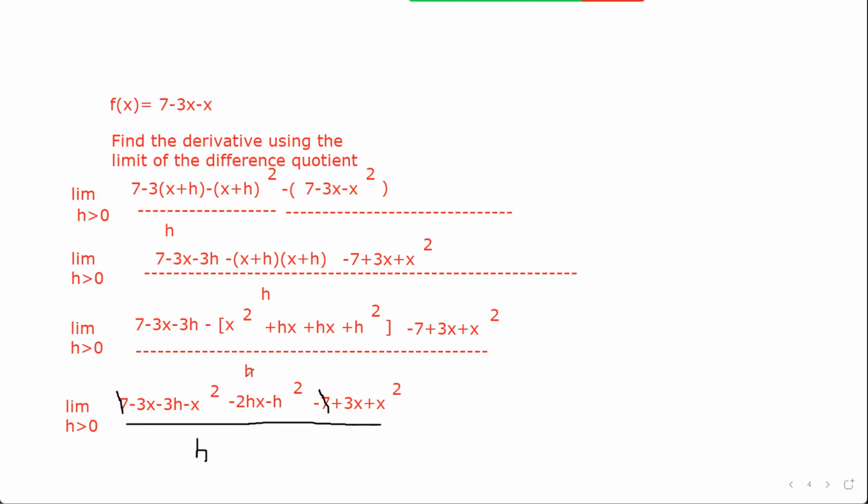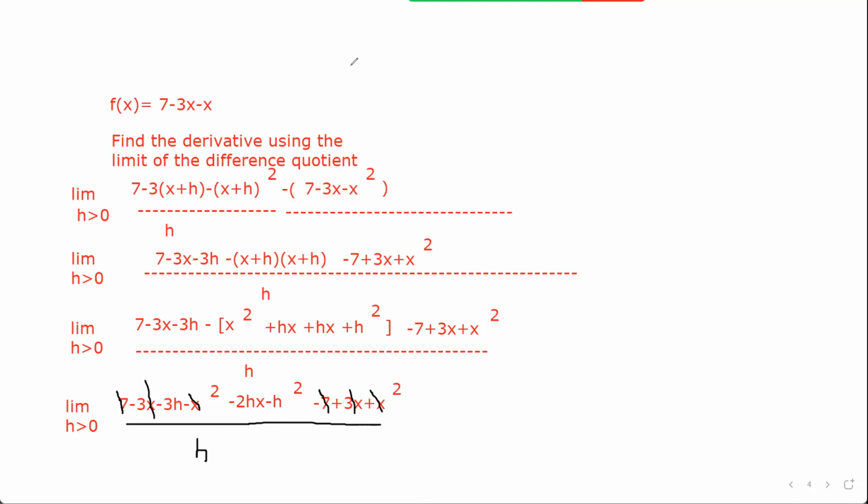Then the -3x cancels with +3x here. The -x squared cancels with +x squared here. Follow? So this got a lot shorter very suddenly, right?